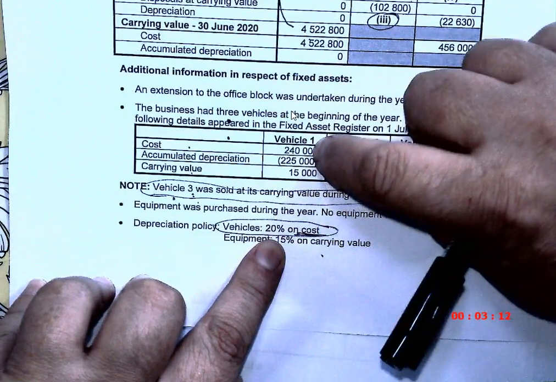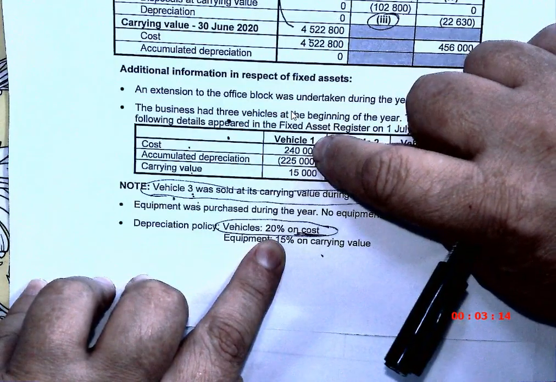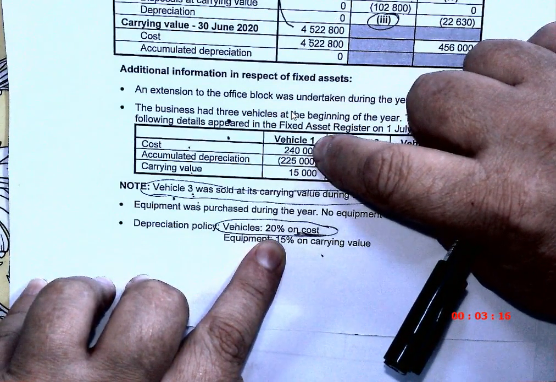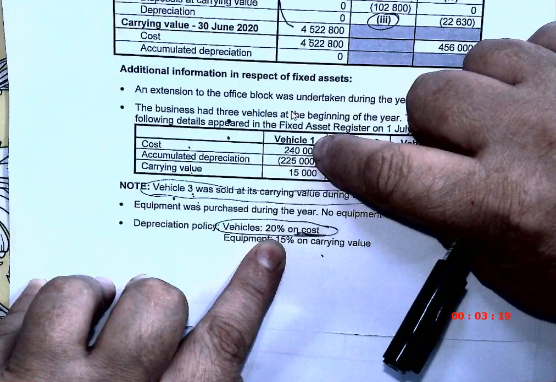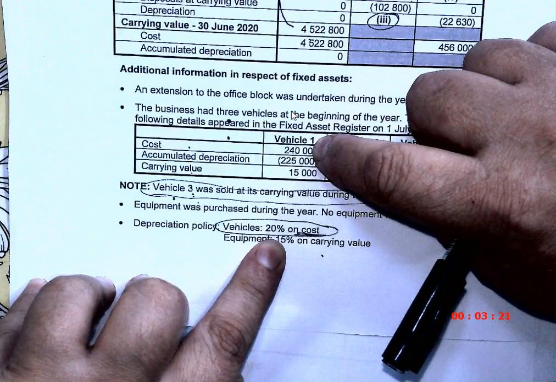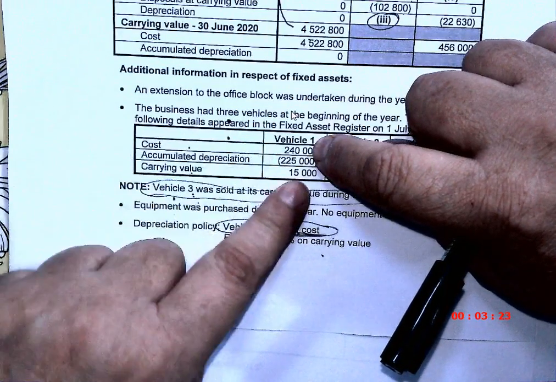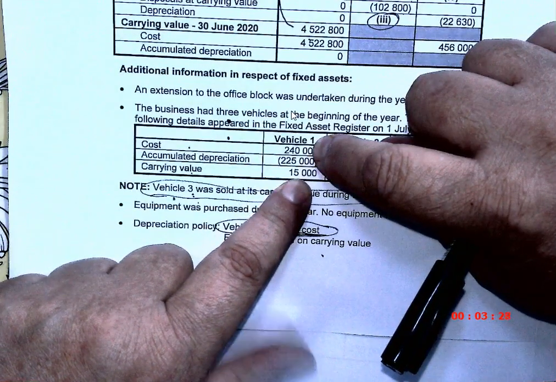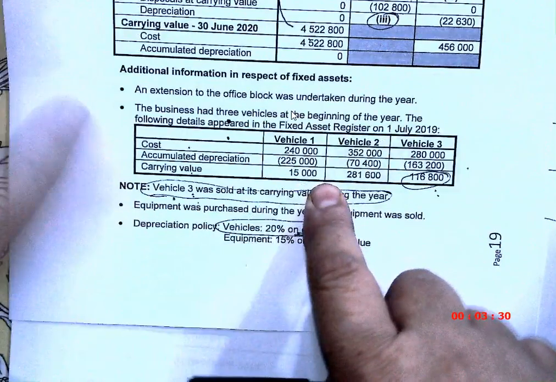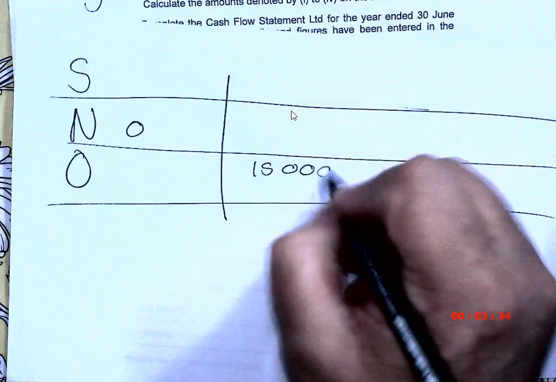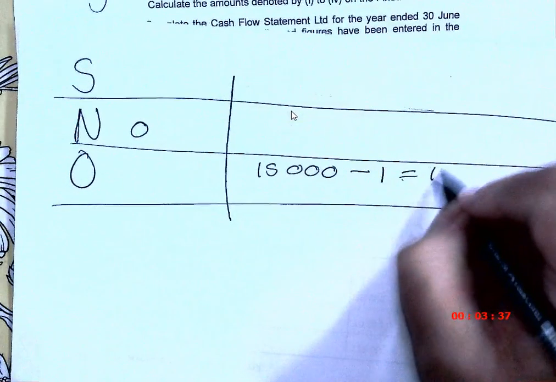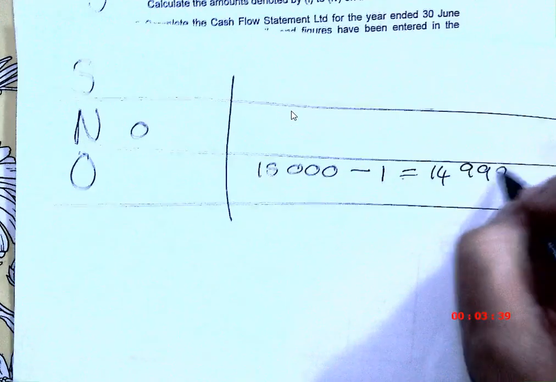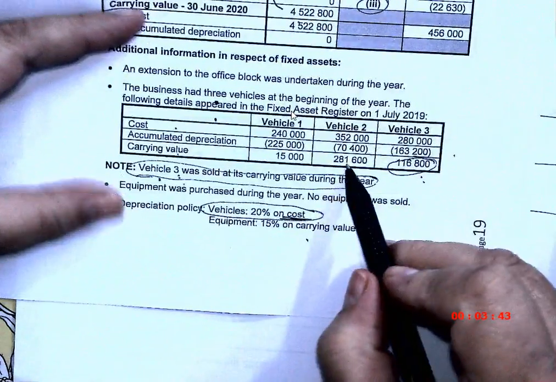If I just take out a 0, 10% is already 24,000. So 20% is going to be double that. So can you see already the depreciation is more than the carrying value? You do not need to go and calculate it. You just say 15,000 less 1. 14,999. That's it.